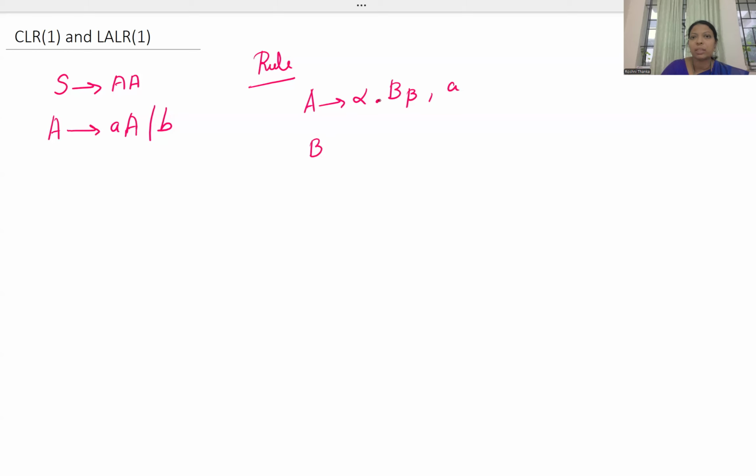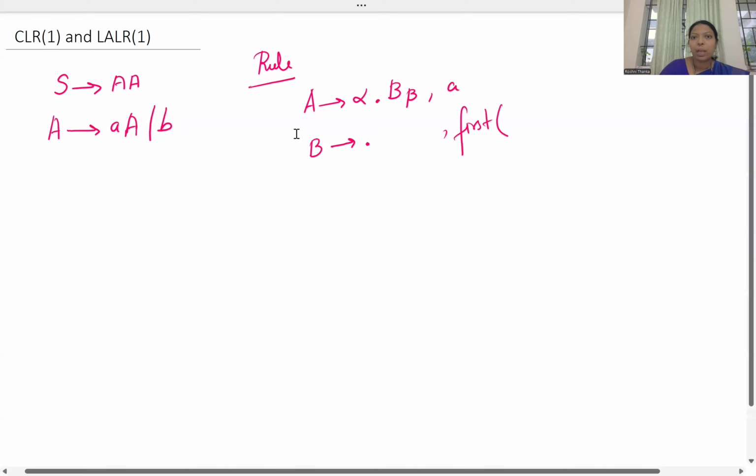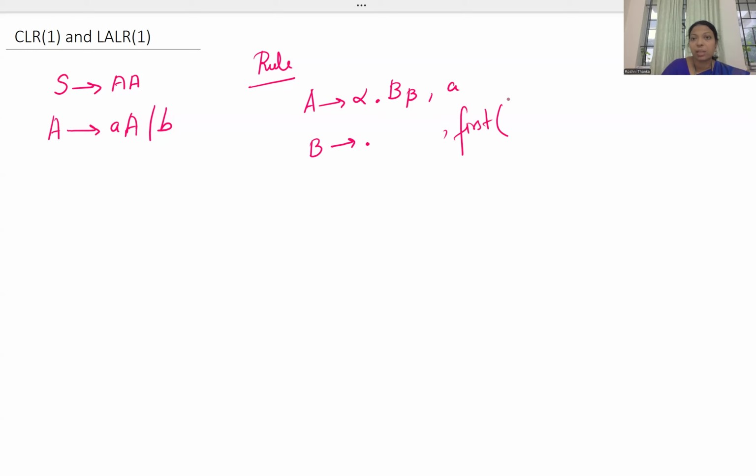We will write the closure of it, and we will write the corresponding productions of B, starting with a dot like that. And then along with that, you have to attach the lookahead here. That is the difference. So how will you find the lookahead? You have to find first of the rest of the symbols available after B. So here it is beta a.